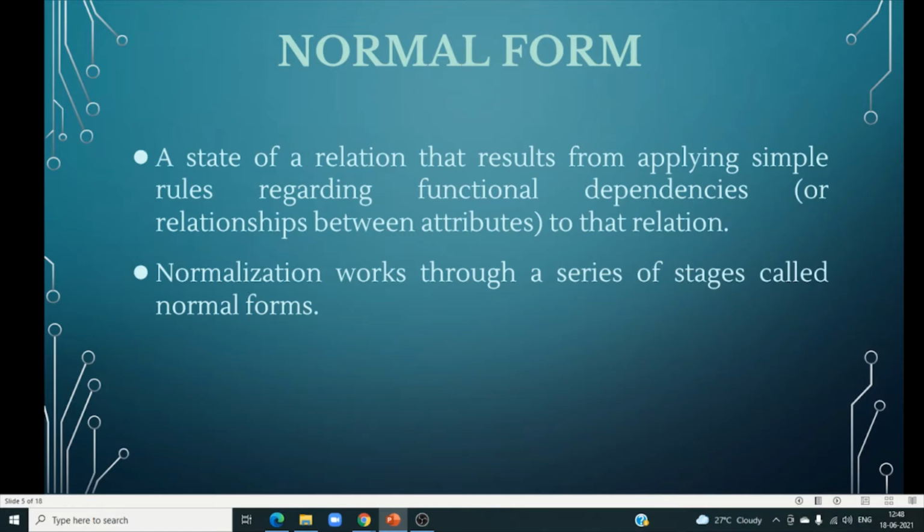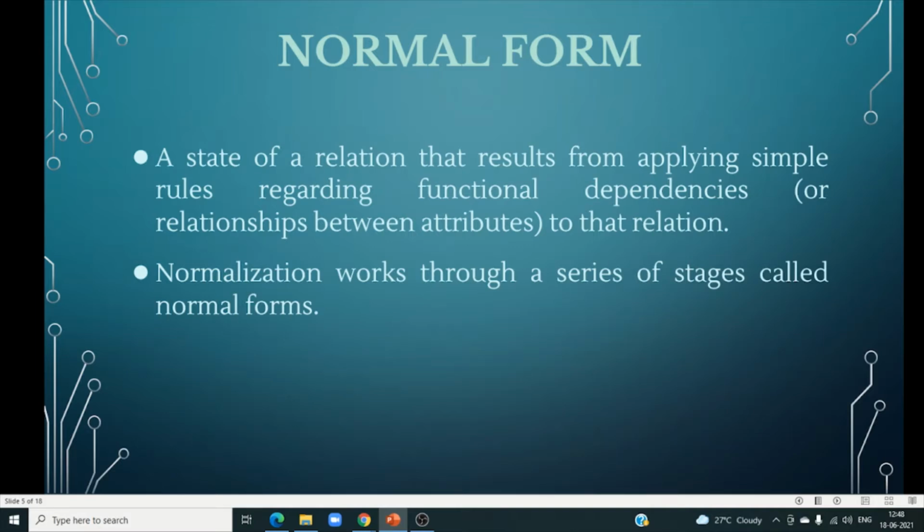Okay, normal form. What is a normal form? Normal form is the state which can be applied to databases based on the functional dependencies. Normalization can be performed on the tables by using different stages, a series of stages, that is called the normal forms.